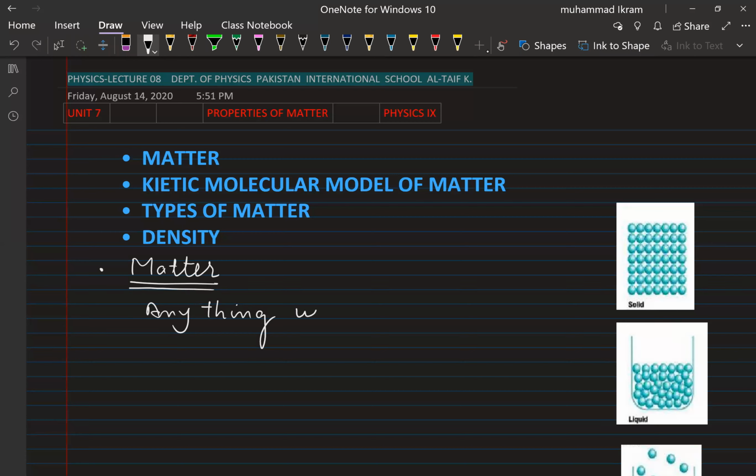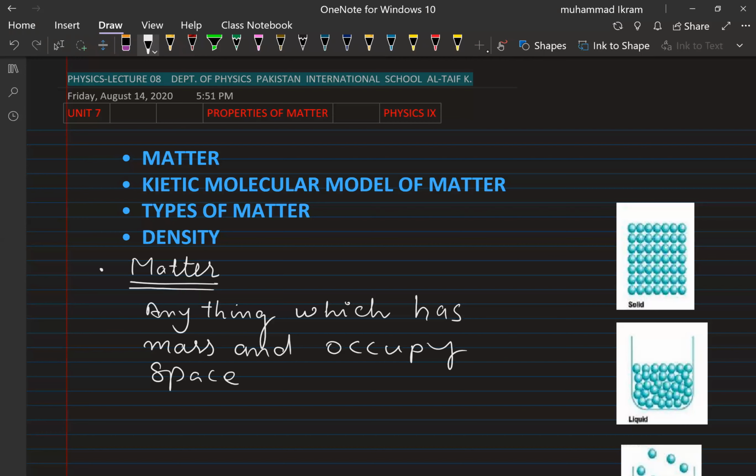Anything which has mass and occupies space, that is called matter, right?